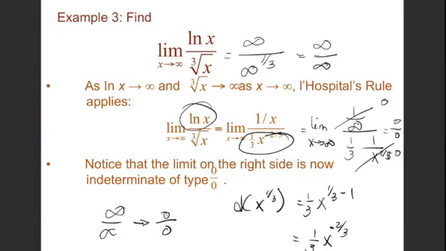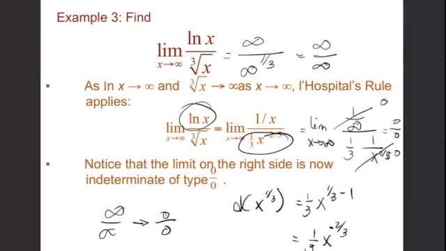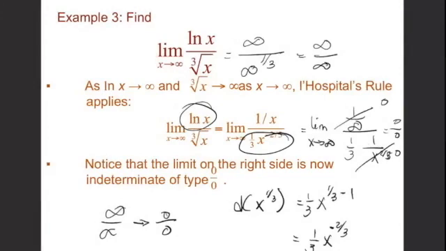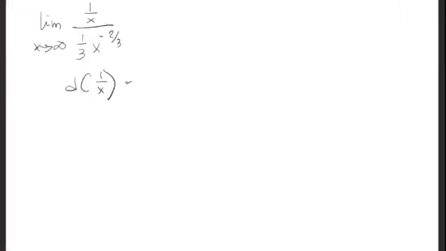So what we're going to do is apply L'Hopital's Rule the second time. Applying L'Hopital's Rule the second time, we write the derivative of 1 over x, which is? Negative 1 over x squared. Yes, negative 1 over x squared, because this becomes negative 1 minus 1.